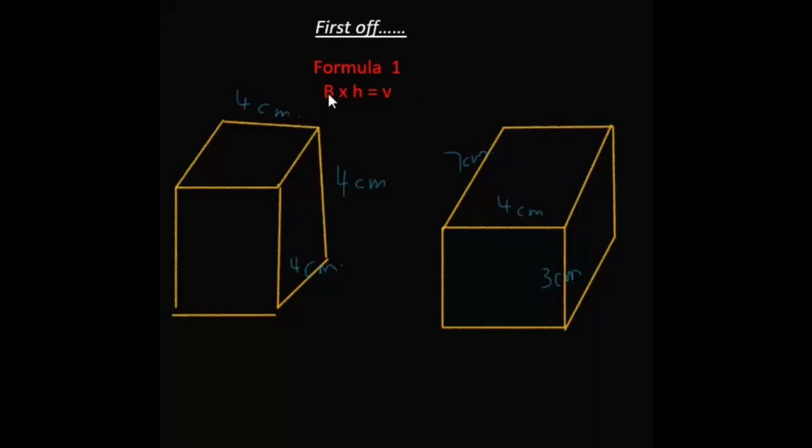The base is basically the 2D shape that is under the base of the 3D shape. So for example, for a cube, let's just say these sides are all equal. This would be the base of the cube, which is length times width. So base is basically length times width. Now base times height equals V, which is volume.